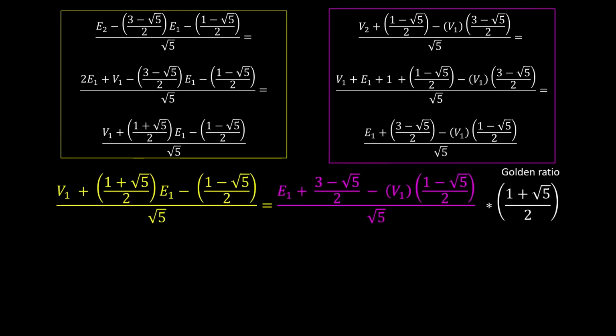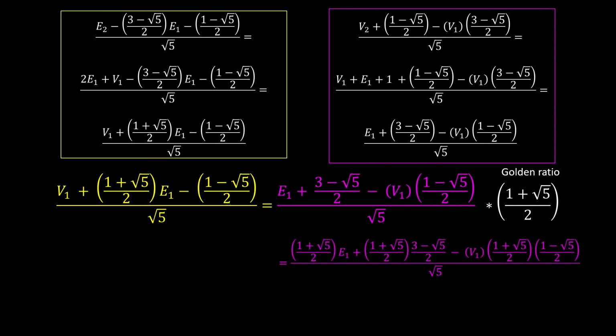Now if you multiply the golden ratio by the number in the purple box, you get the number in the yellow box. Isn't that neat?